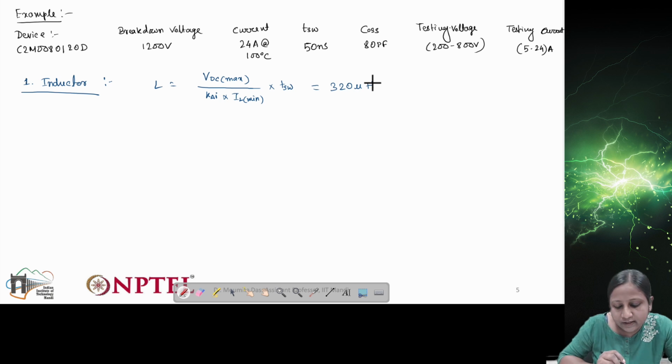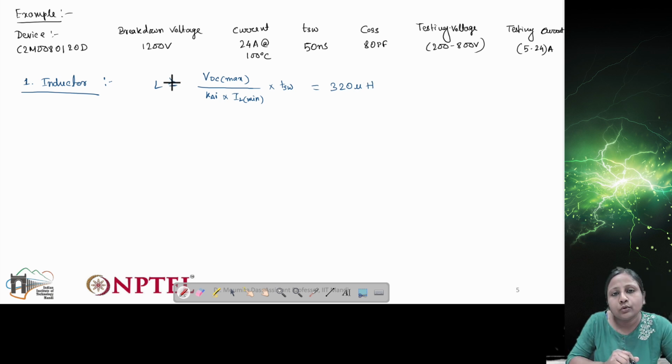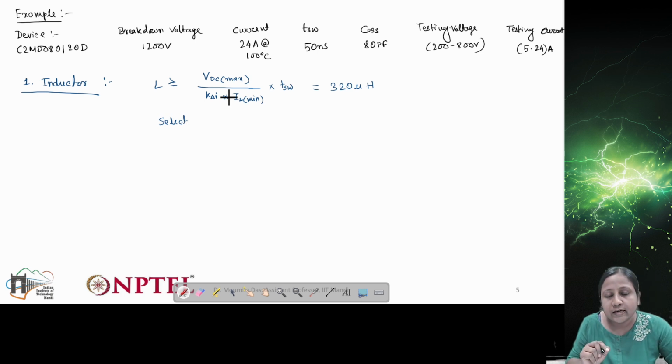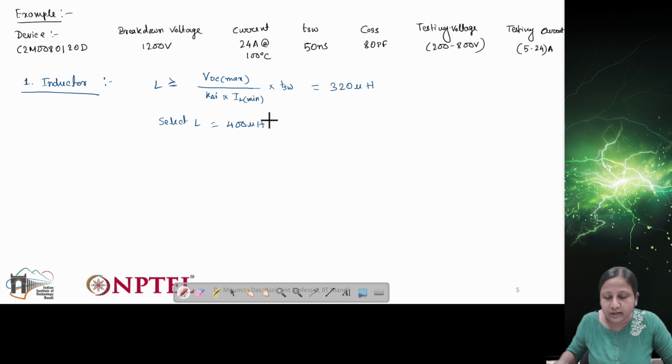The condition was that L should be greater than or equal to this value. It is always advisable to select a parameter which is more than the calculated value, so we select L equals, let's say, 400 microhenry. Now we got the value of L.